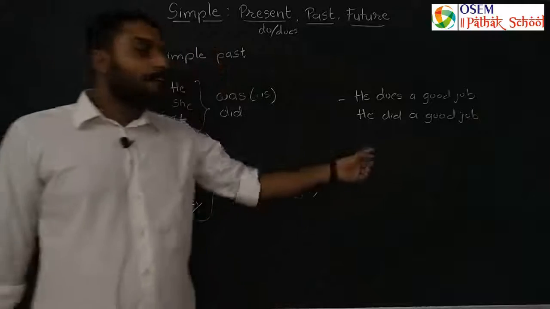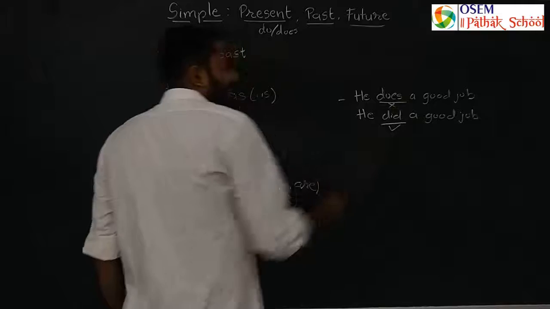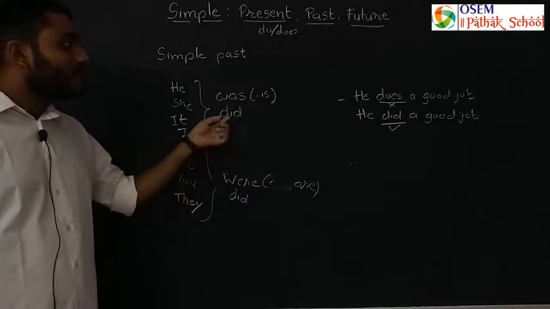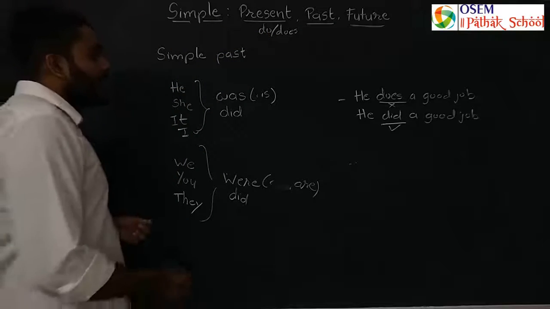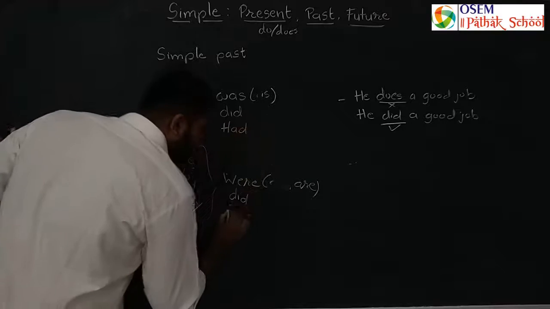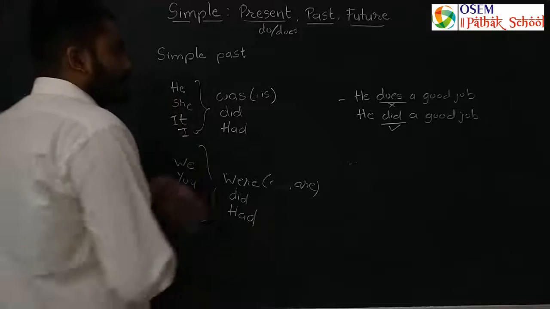So हमने क्या यहाँ पे चेंज किया, does को निकाल के हमने क्या यूज किया, did. इसी तरह से हमें यहाँ पे पास्ट टेंस में did यूज करना है, किसकी जगह पे, do और does की जगह पे. The next is have.